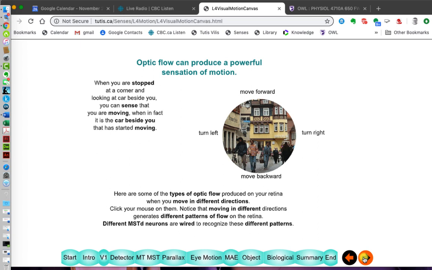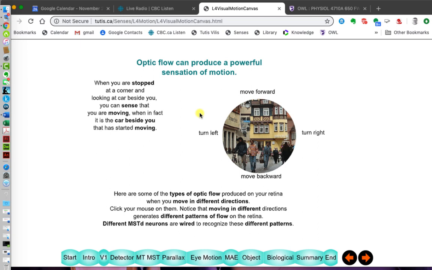So this is called optic flow, and it has a very powerful sensation of motion. You can sense it yourself when you're standing, let's say, or when you're in your car and a car beside you starts moving.